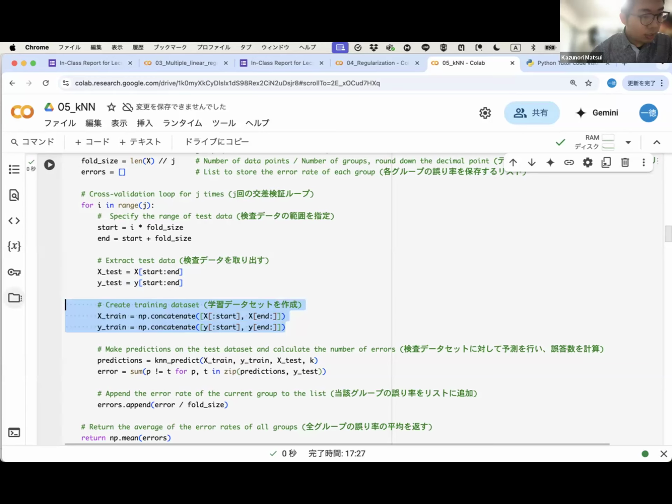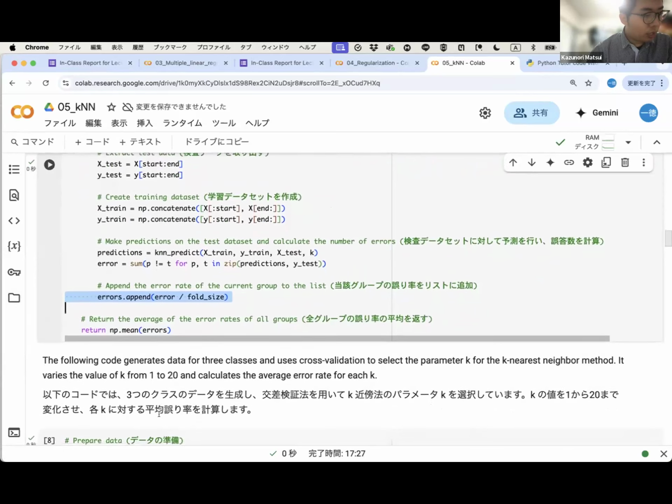We make predictions using the training data, then check how many mistakes were made with the test data. We add the error rate to the errors list and return the answer.